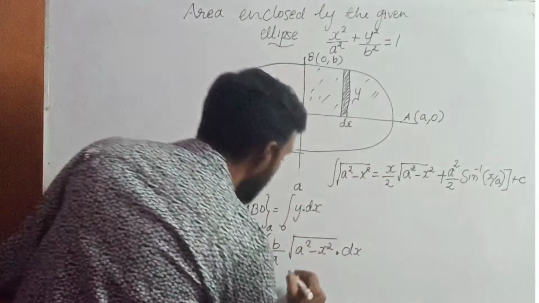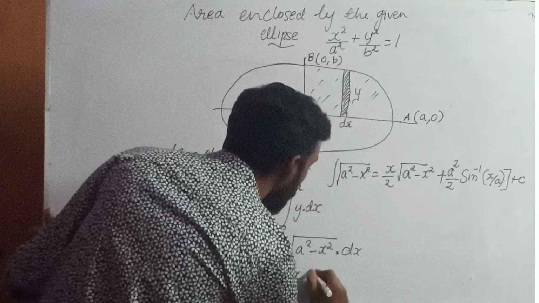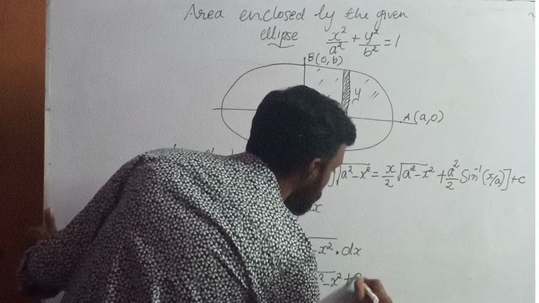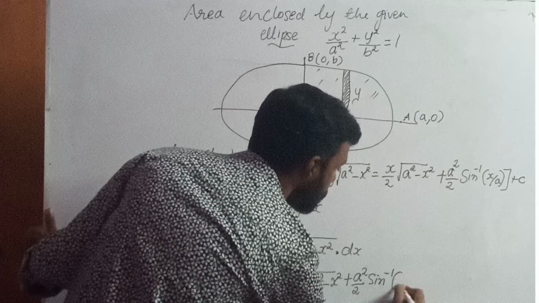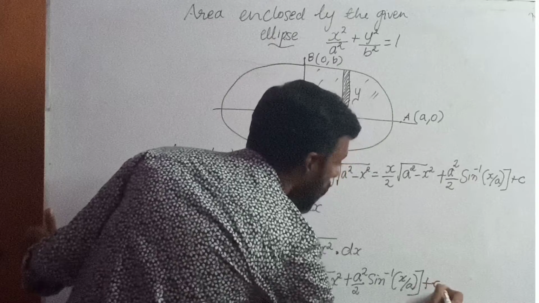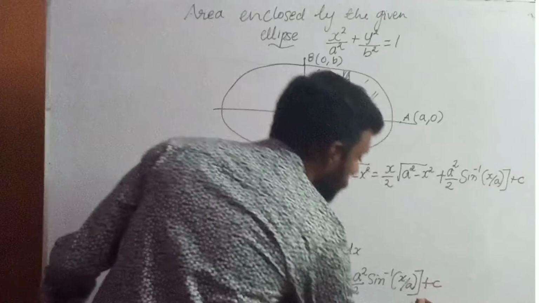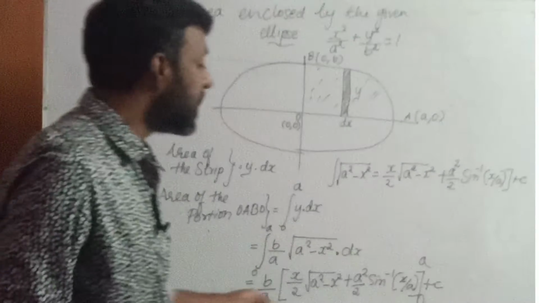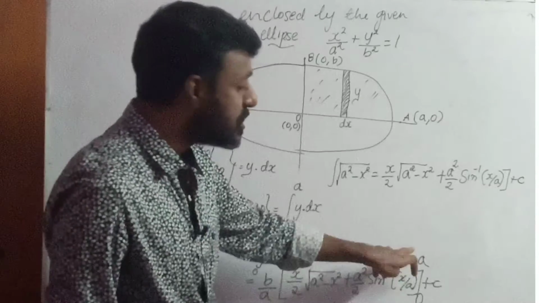The formula will be x by 2 into root of a squared minus x squared plus a squared divided by 2 into sine inverse of x by a plus c. Now I am going to fix the limits, that is from 0 to a, in the result of the formula which I had derived. So I have fixed the limits over here.